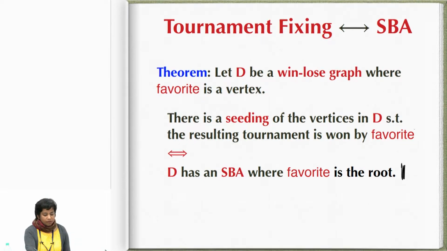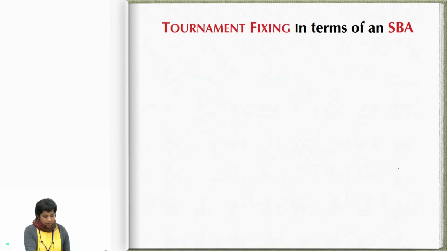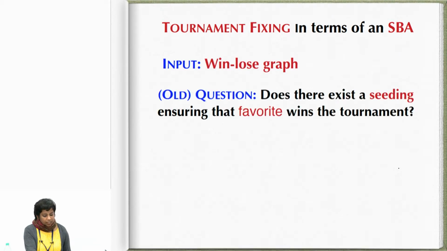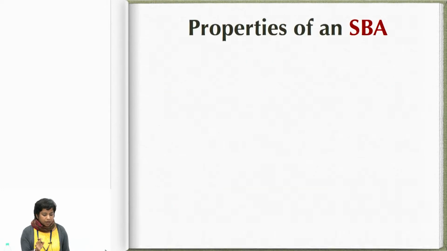Solving this would require us to solve the other, and vice versa. This equivalence was shown by some people in 2010 and so on. So here we are given the win-lose graph, and we are looking for a spanning subgraph that is a rooted tree, and the root is the favorite. That's the question we'll be talking about from now on.